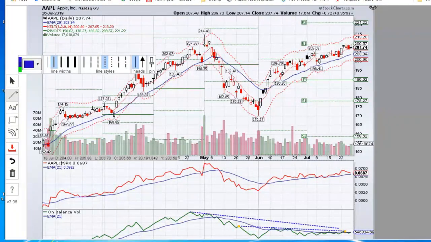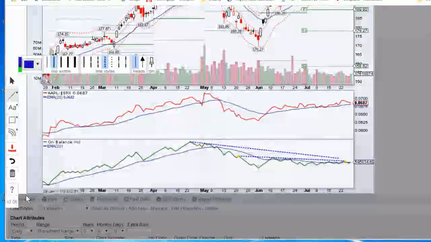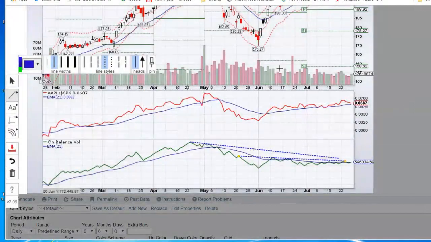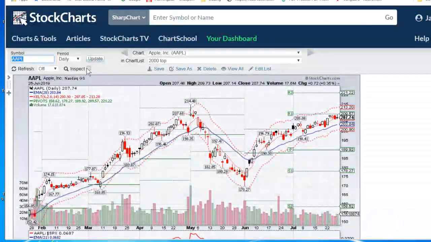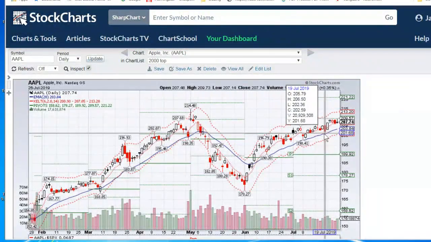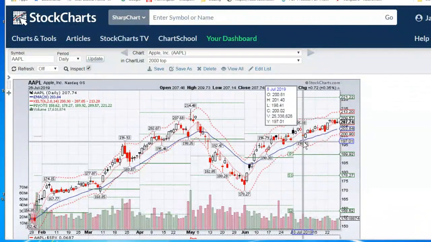Well, the first stopping place in a market, let's save this so we can look at some price levels. So that low, 202.36, but this is much better support, 198.41.